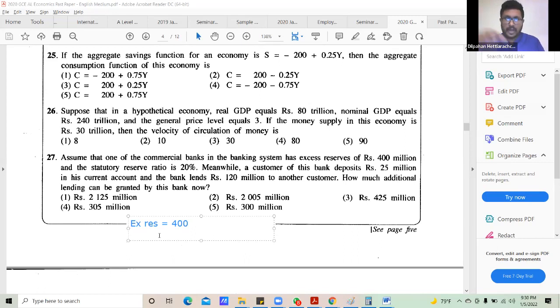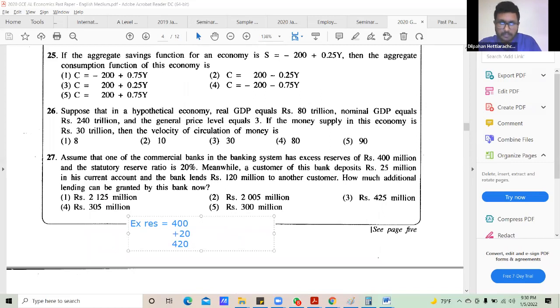So under the excess reserve we can't put all 25, we can put only 20. Then the new excess reserve will be 400 plus 20, which is 420.